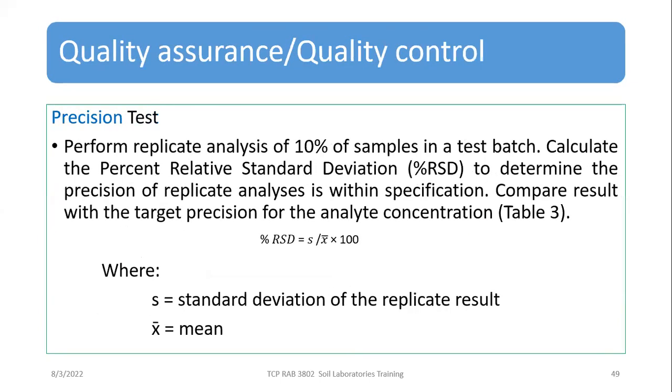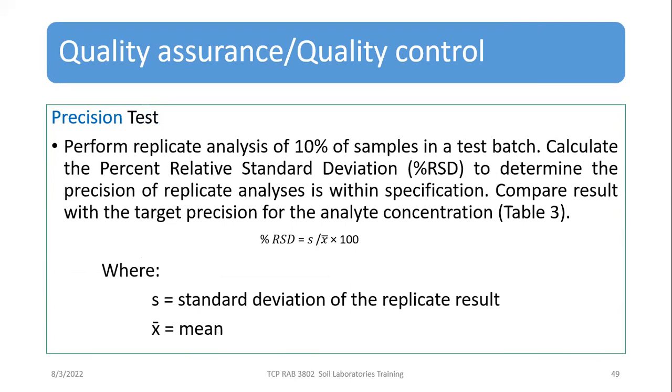For the precision test, as from our previous sessions, we have learned that the precision test is normally done by doing replicate analysis. Then you compare the relative standard deviation.